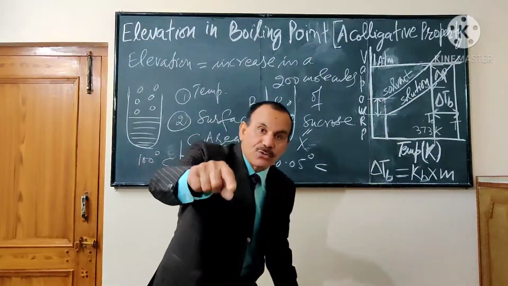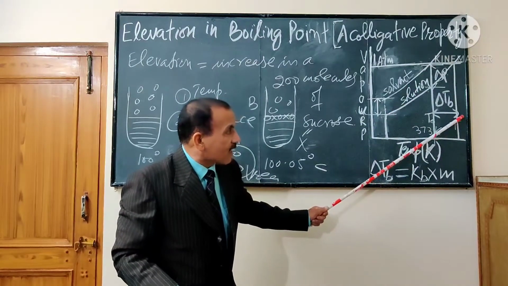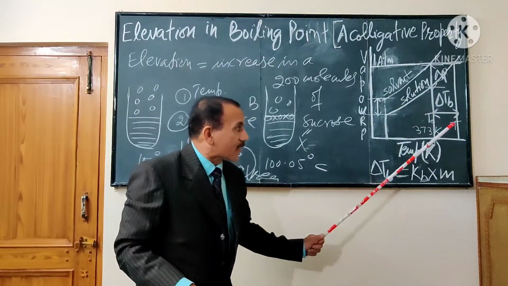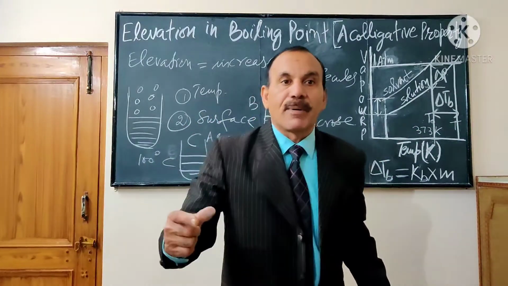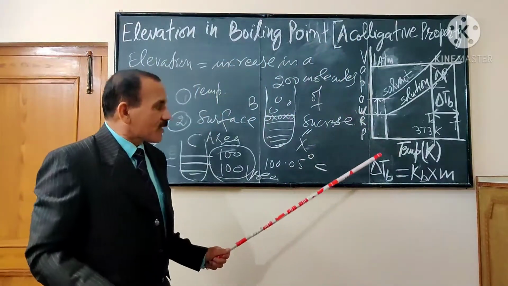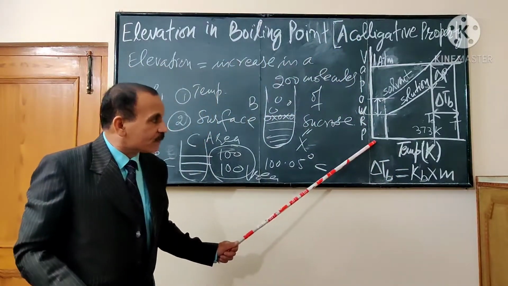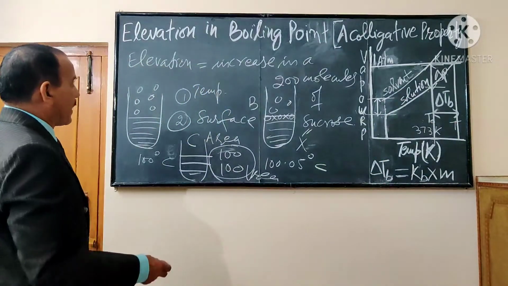We have to heat the solution further up to this temperature. And the difference of these two temperatures, that is T minus T0, is the increase in boiling point, the elevation in boiling point. So delta TB, the increase in boiling point, is equal to the difference of these two temperatures, that is T minus T0.